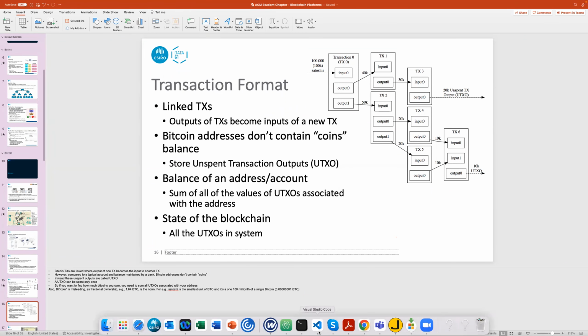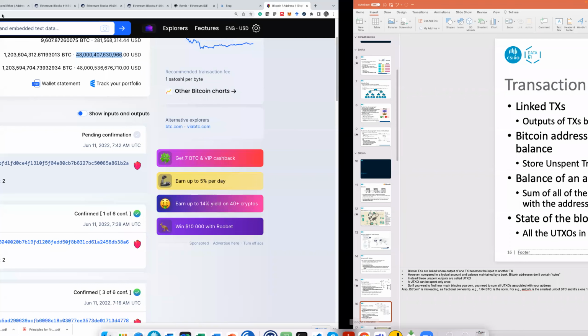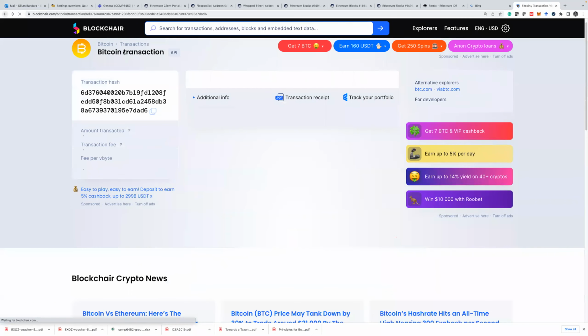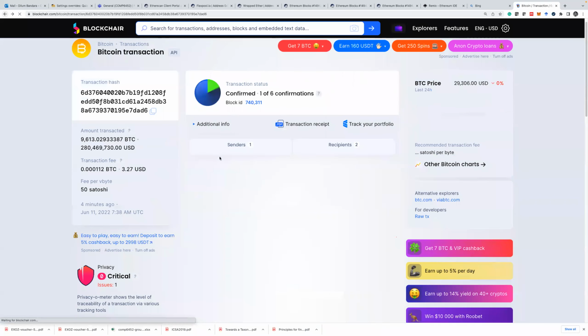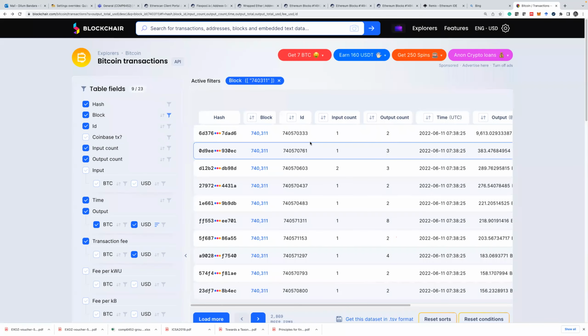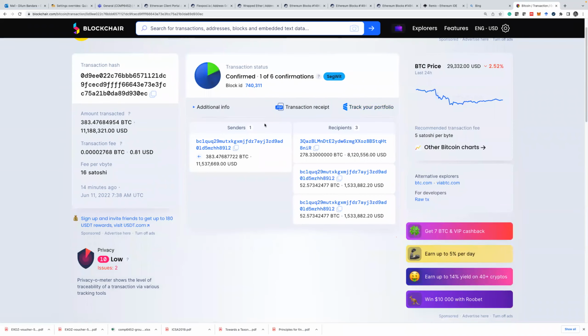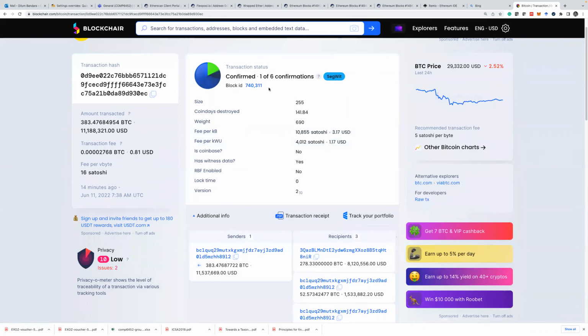Now, let's go and look at one of these addresses' transactions in a little bit more detail. Let's take maybe this transaction. Now, if you look at a little bit of detail here, this transaction was included in a certain block, and the size of the transaction is only 255 bytes, pretty small.